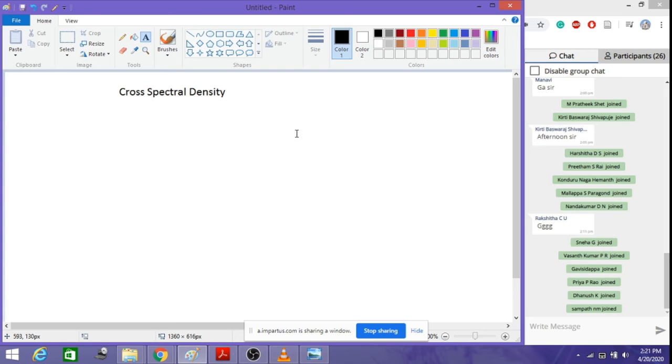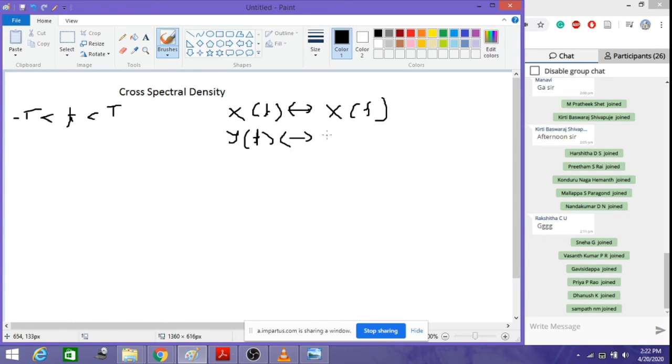We'll consider x of t and y of t as two random processes, and both are restricted to a certain time interval, from minus T to plus T. Only then can we apply the Fourier transform. The Fourier transform pair of x of t is x of f, and of y of t it is y of f.